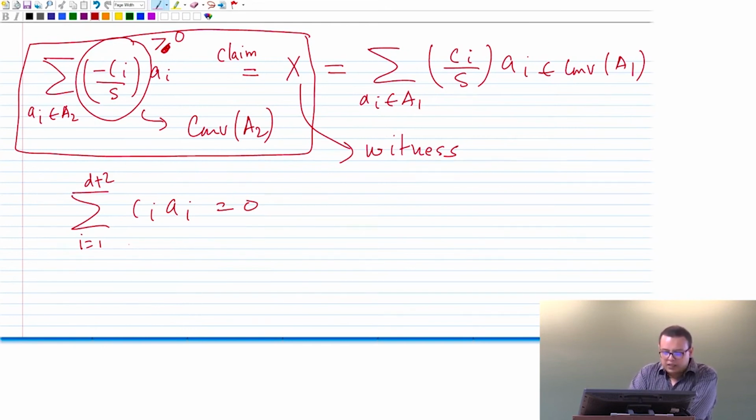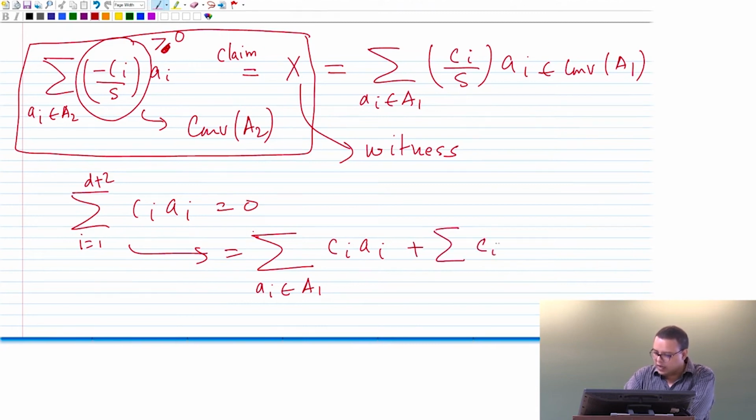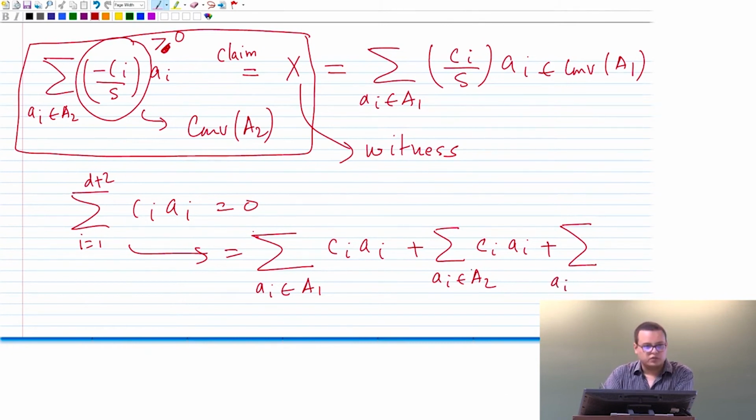Now, I will partition this set A into 3 parts. I write this as summation Ci Ai where Ai belongs to A1, plus summation Ci Ai where Ai belongs to A2, plus summation Ci Ai over all the Ai's that lie outside these two, that is, A minus A1 union A2.